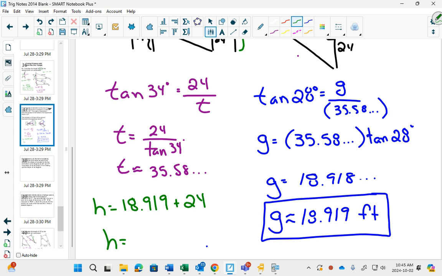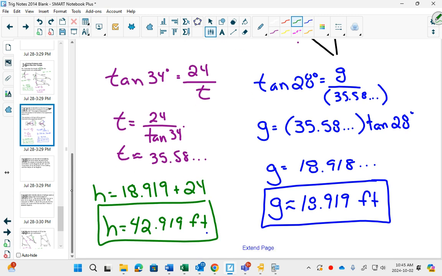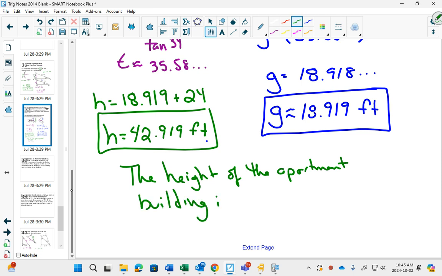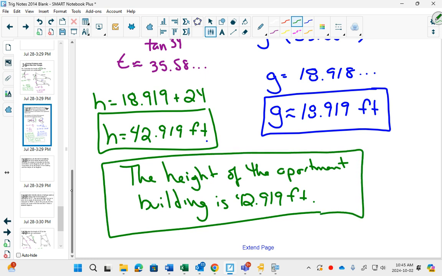So the actual height of the building is, and since it's a word problem, we should write a statement. And there it is. We can put a whole box around that statement as well.